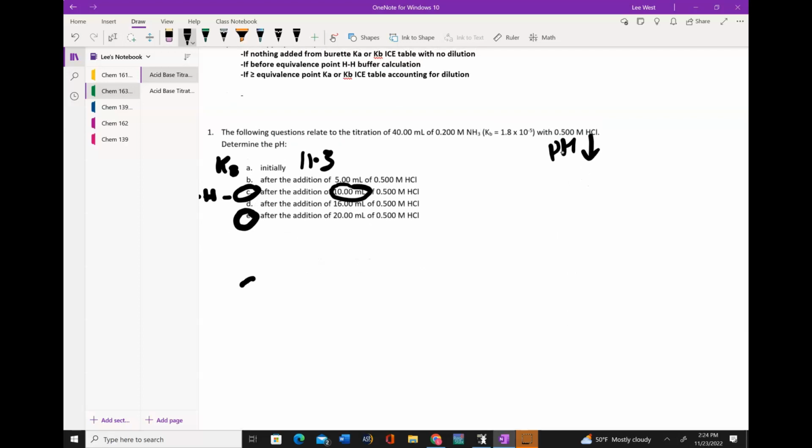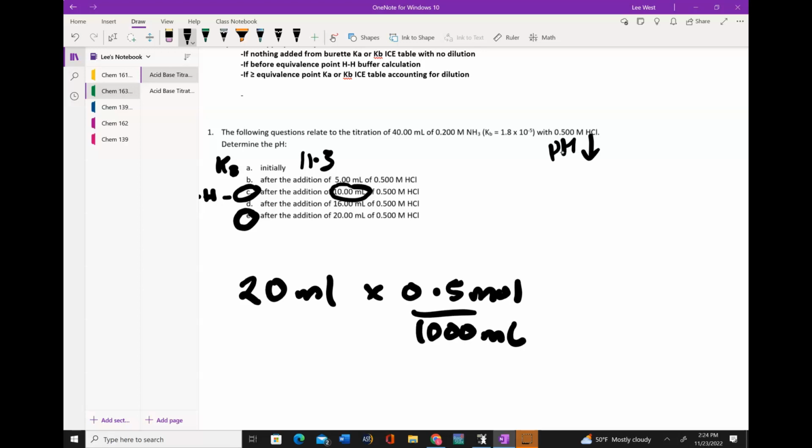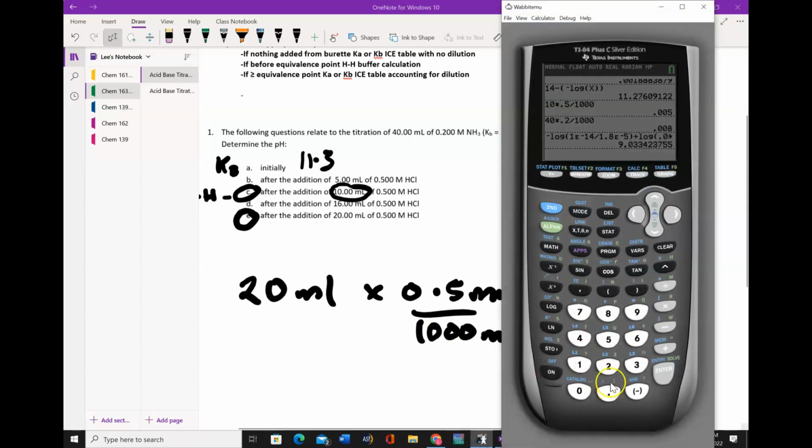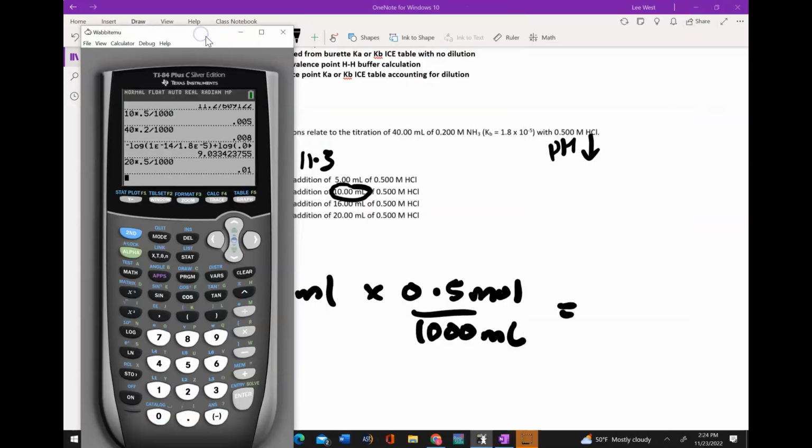We've got 20 mils of the acid and its concentration is 0.5 mole for every 1000 milliliters. Again, I try to avoid doing mental arithmetic just in case I make a mistake. And there we are, 0.01 moles of acid was added.